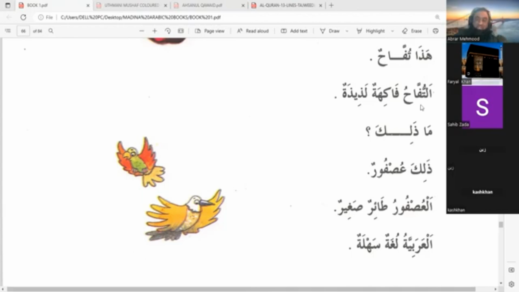Good question. So at-tufah, in an Arabic sentence there are 2 parts to a sentence. You have a mubtada and a khabar. Mubtada means the beginning of the sentence, and khabar is the news, the second part of the sentence.